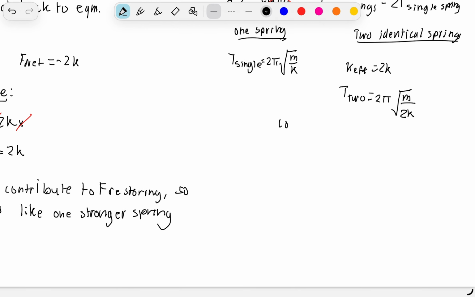Now if we compare, the only difference is 1 over the square root of 2 times 2 pi root of m over k.